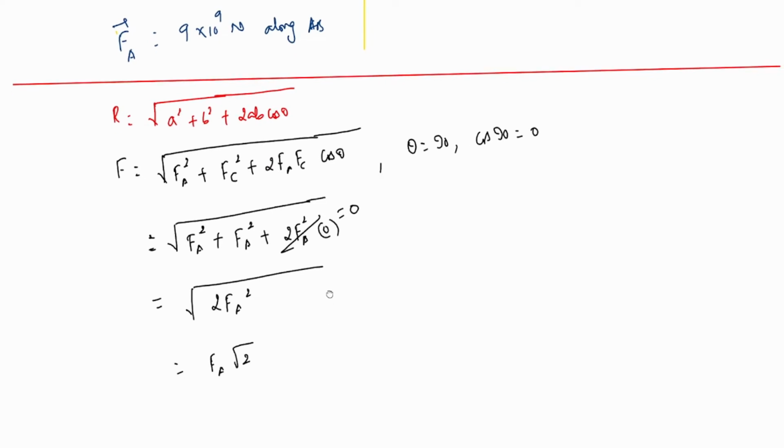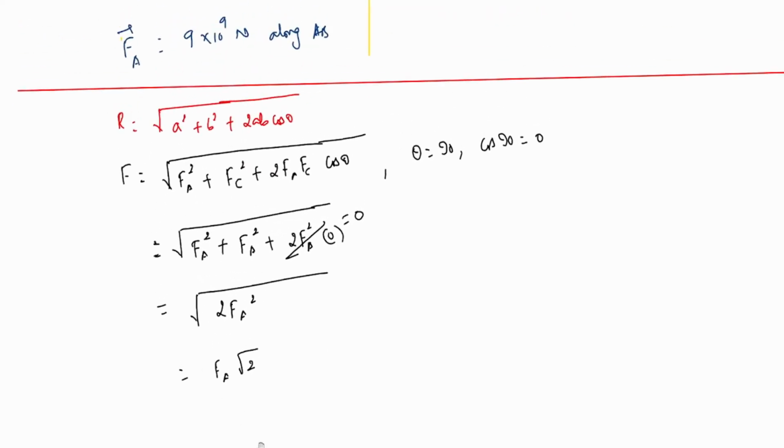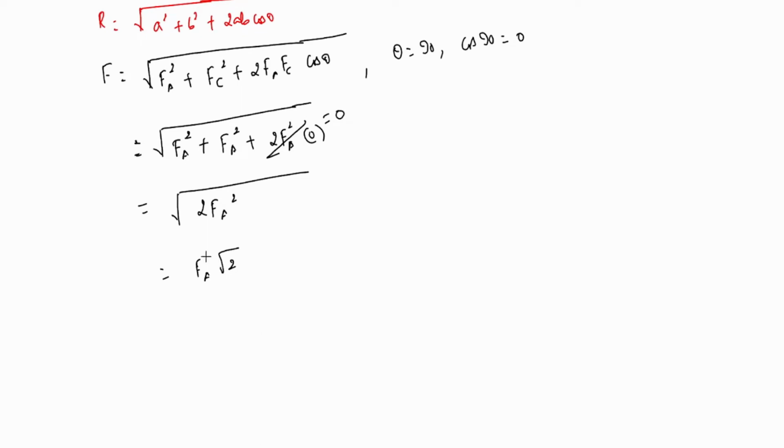Now look at what FA is. FA from here is 9 into 10 power 9. So putting it back in the equation, what you get here would be root 2 into 9 into 10 power 9.